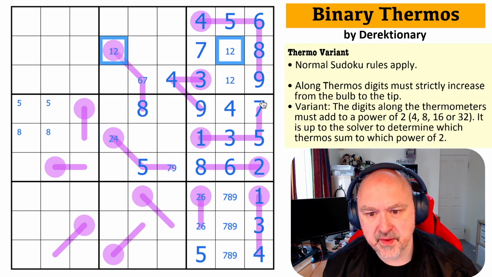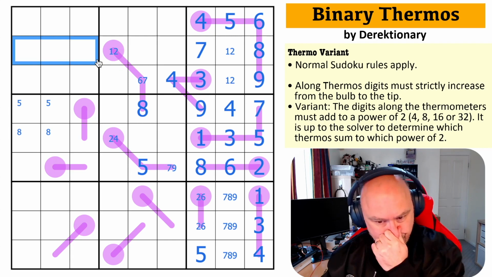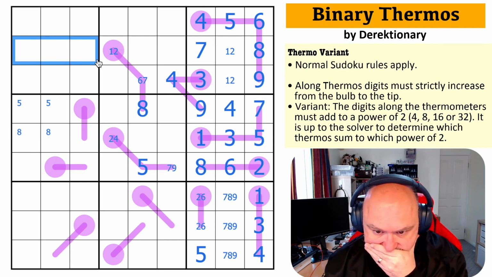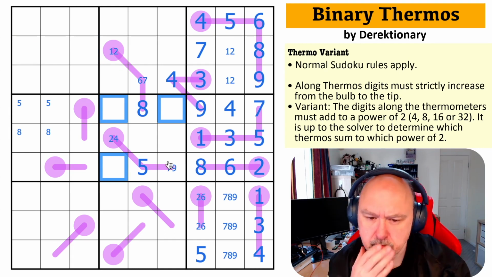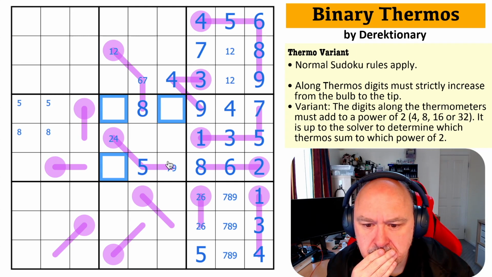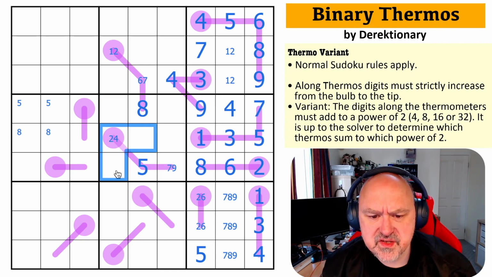Well, I've got a 1-2 pair here. I've got to put 4 over here, but 1 is in one of those, but 4 is in one of those 3.